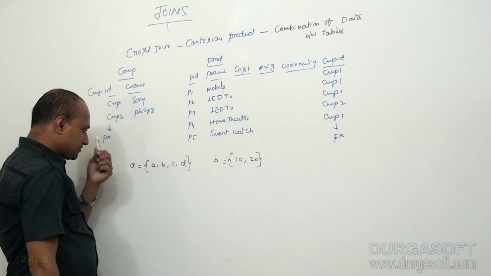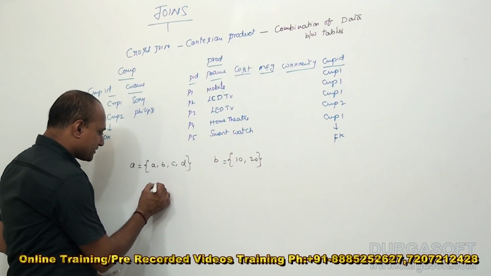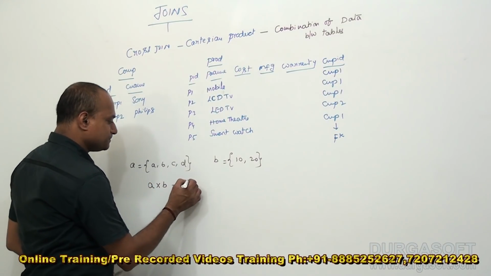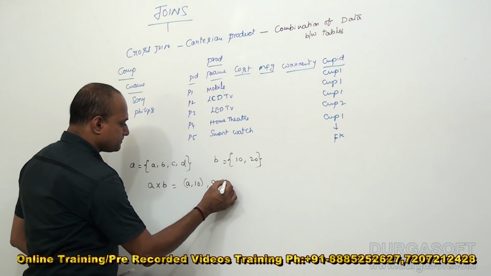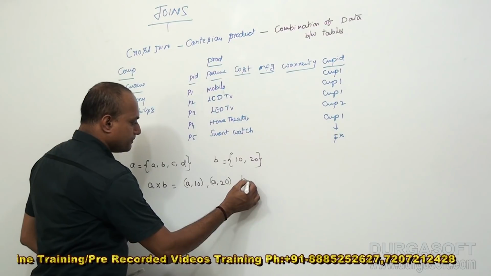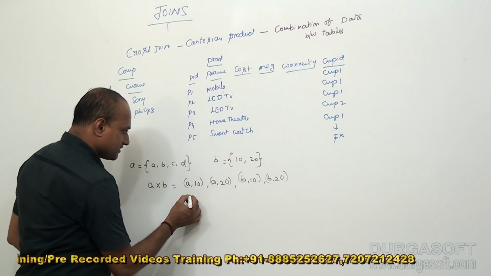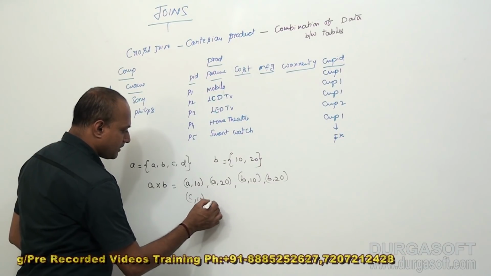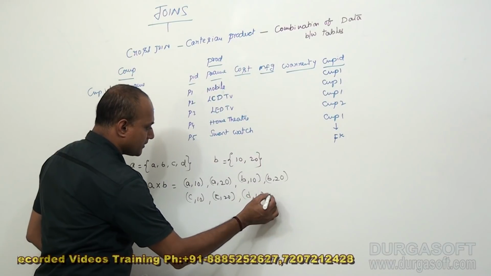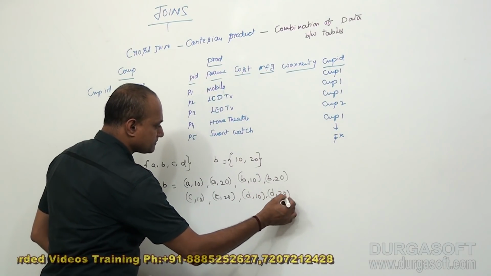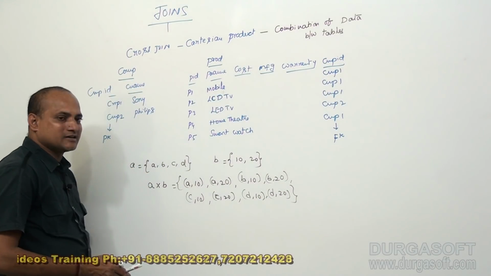Remember, this is table A, this is table B. If you apply Cartesian product, A cross B is equal to A10 and A20, comma, B10 and B20. Next, C10 and C20 and D10 and also D20. What is the meaning of this? It is called the Cartesian product.